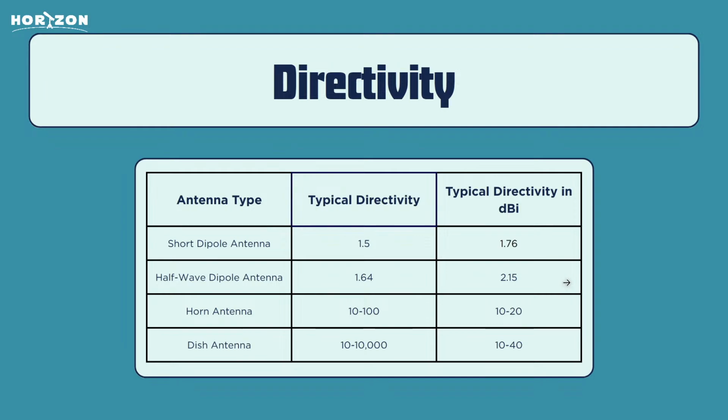So it's much more, it's 100 times more directional than an isotropic antenna. Whereas a dish antenna has a directivity of 10 to 10,000. So its radiation is around 10,000 times more directional than an isotropic antenna.